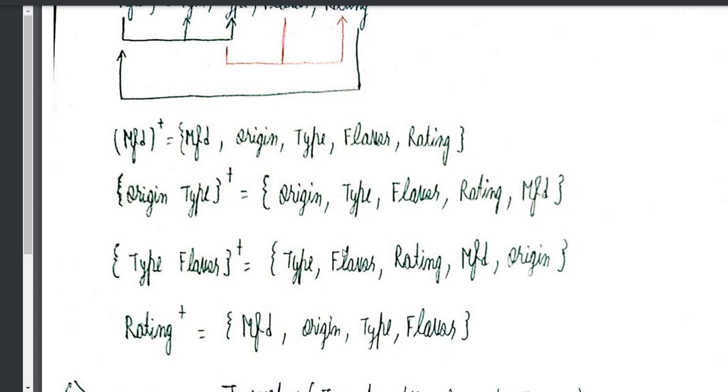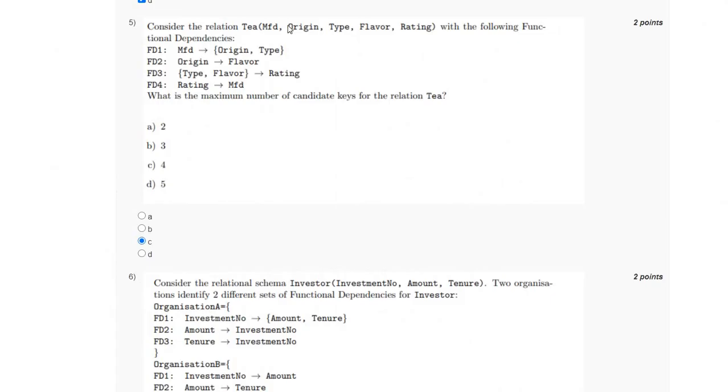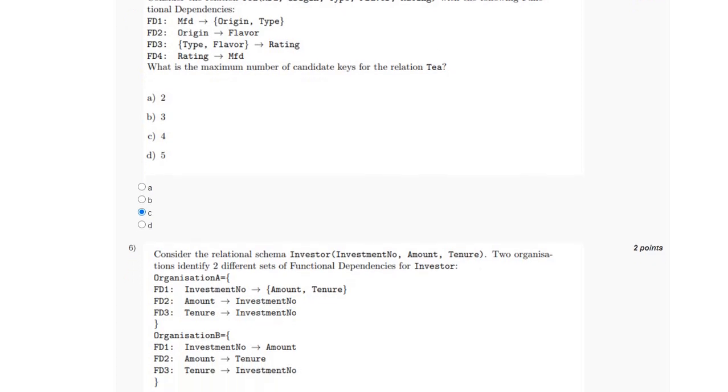So there are four candidate keys for this relation T. So for question number 5, C is the answer, which is 4.